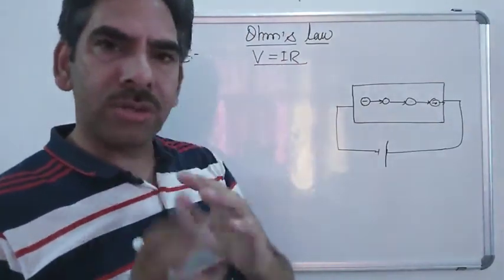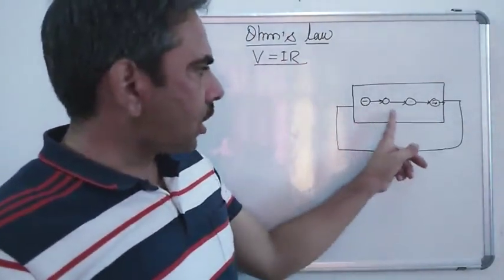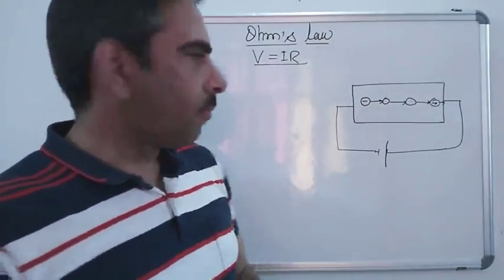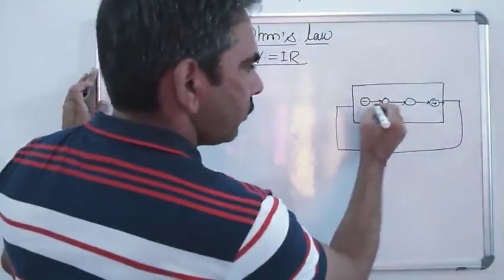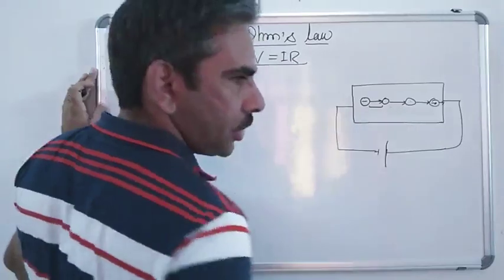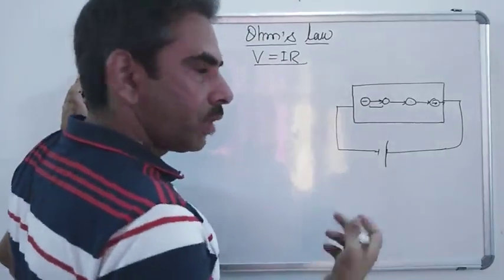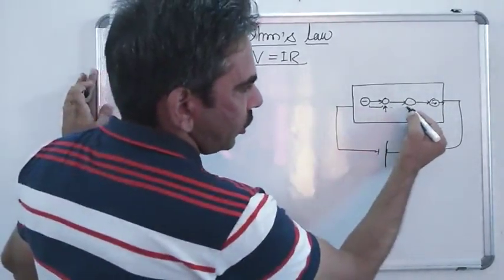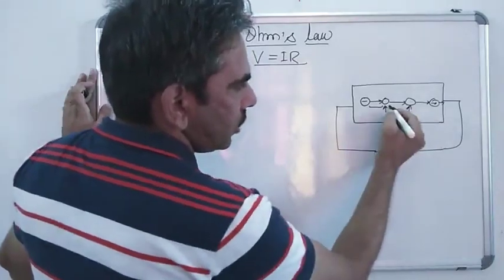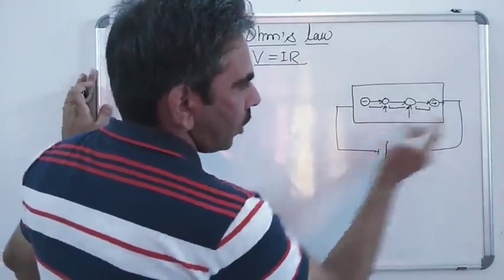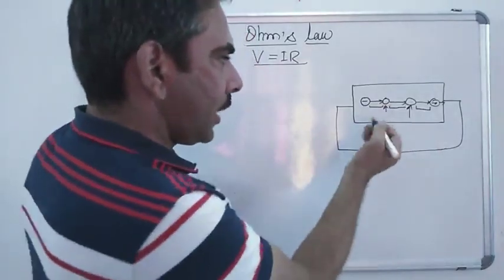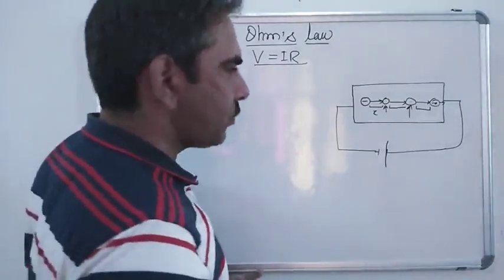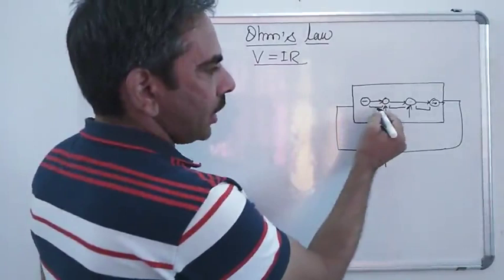So what are these collisions doing to the electron? These collisions are opposing the motion of the electrons. How? Whenever the electron faces a collision, this is the relaxation time, the time during which there was no collision. At this point there was a collision, then it remains free from collision, and then at this point it again faces a collision. When more collisions take place, the relaxation time, which we represented as tau, the average relaxation time, as we discussed in our earlier class, decreases.